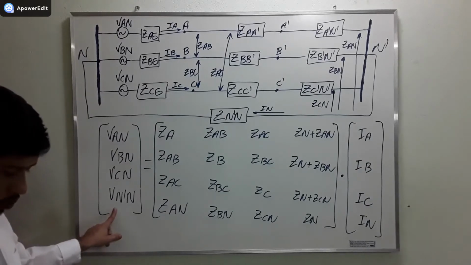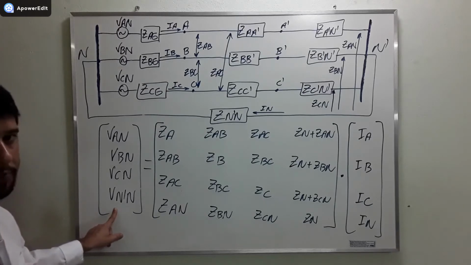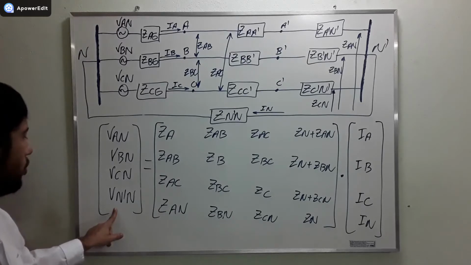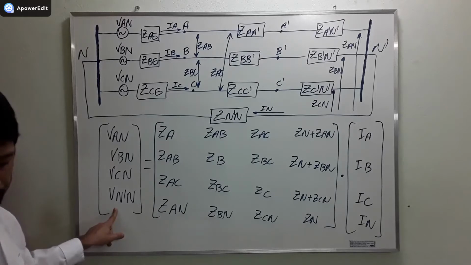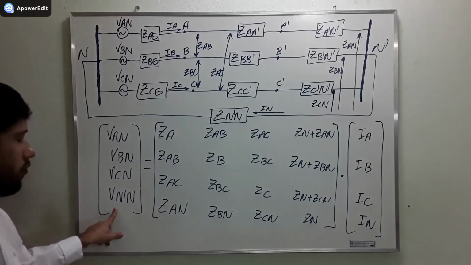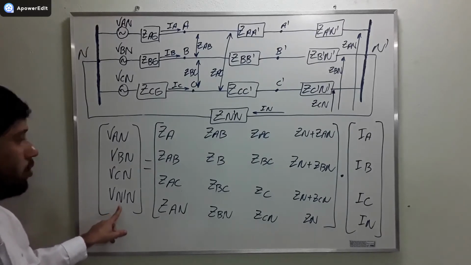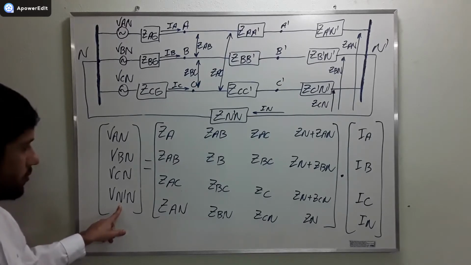We don't know beforehand the value of VN prime N. We don't know this voltage drop. So what we need to do is to get rid of it. Remove it from the equation, because if we don't know it, it's not going to help us.